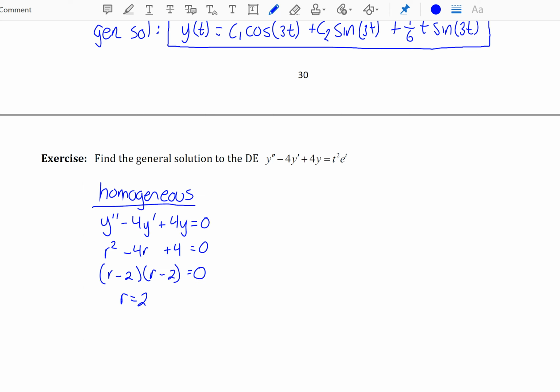Okay, let's see how you did. I went ahead and wrote out the solution while the video was paused for the first part of the homogeneous solution at least, down till we get our one characteristic root. So now this is where you need to remember that if you only get one root to your characteristic equation, our general solution for the homogeneous equation will have to look like c1 e to the 2t plus c2 t e to the 2t, where you have to have that extra factor of t on your second term.